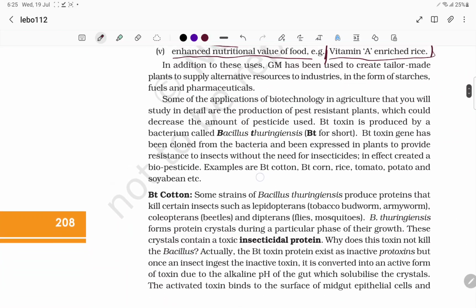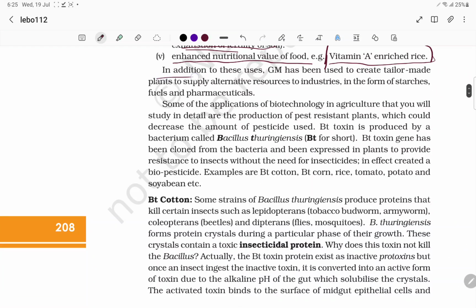Nutritional value also has to be improved. In addition to these uses, genetic modification has been used to create tailor-made plants to supply alternative resources to industries, in the form of starches, fuel and pharmaceuticals.